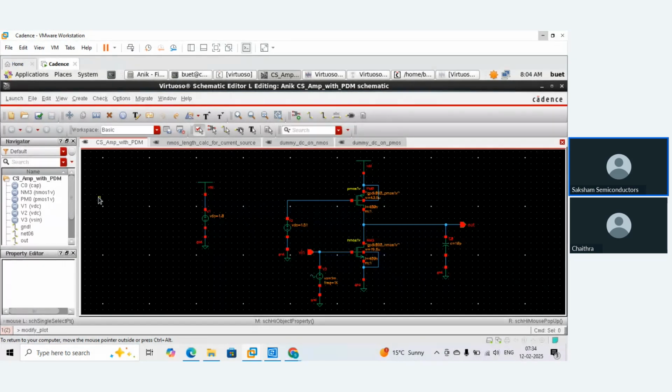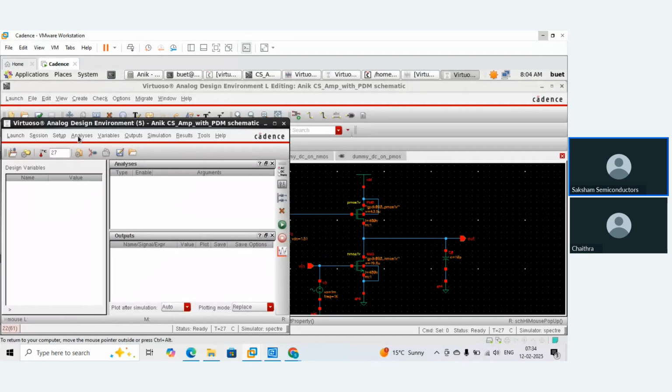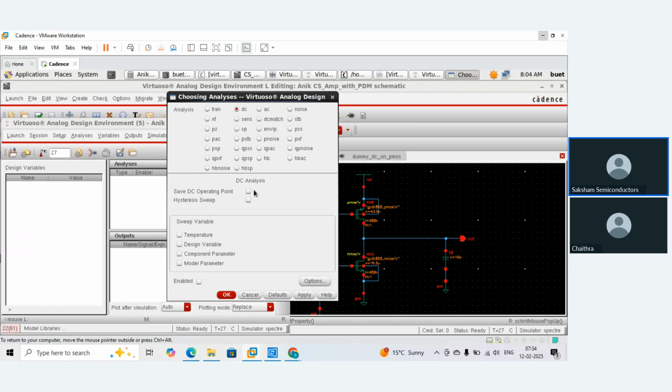So now quickly let's try to run one small simulation before we actually run the amplification simulation. Let's try to run a simple DC analysis, and let's try to plot the current.